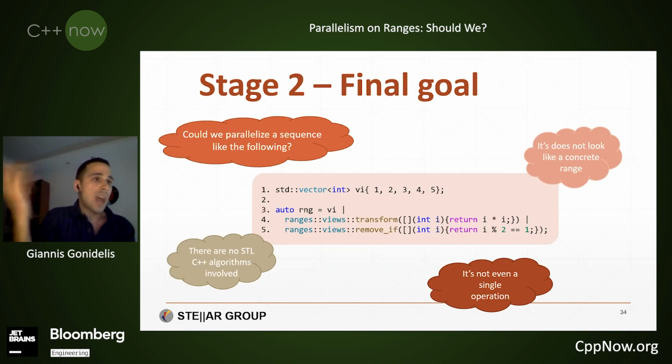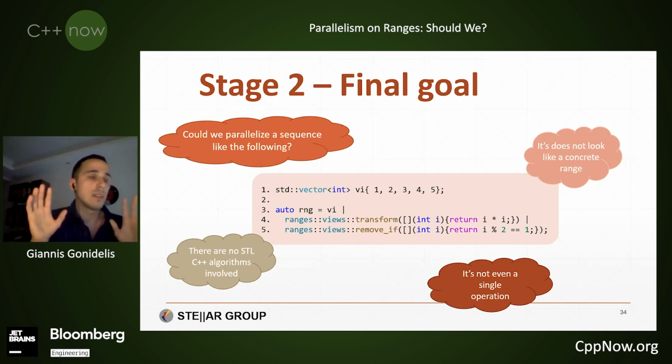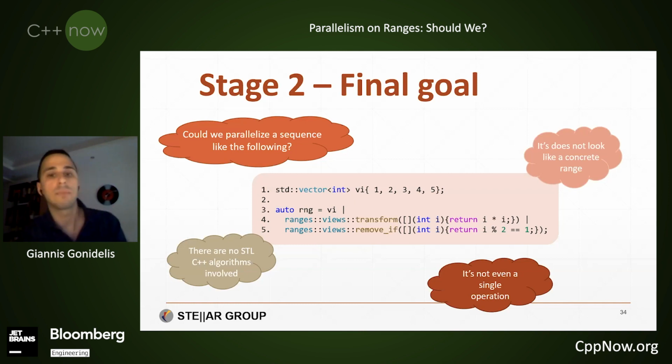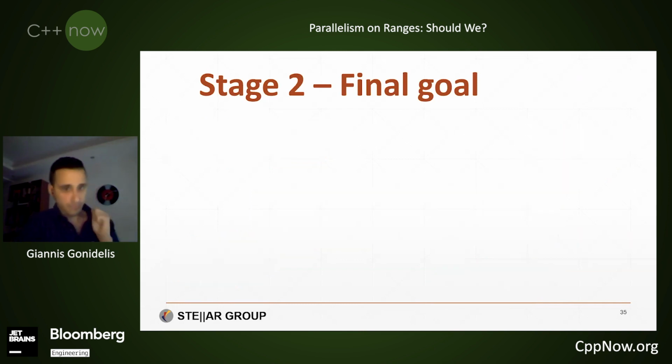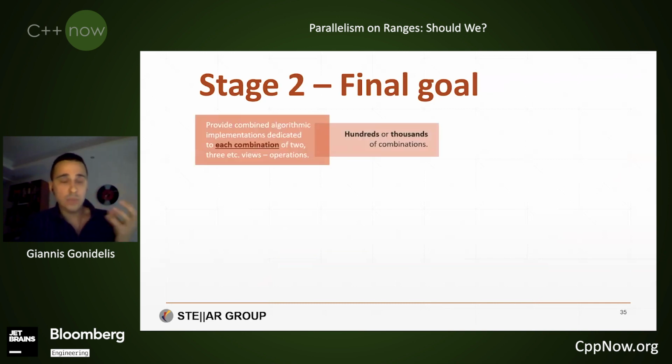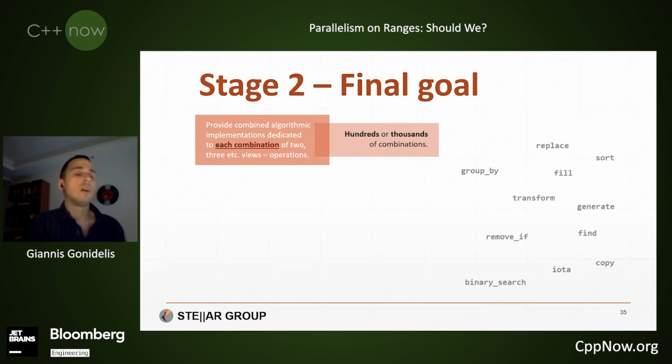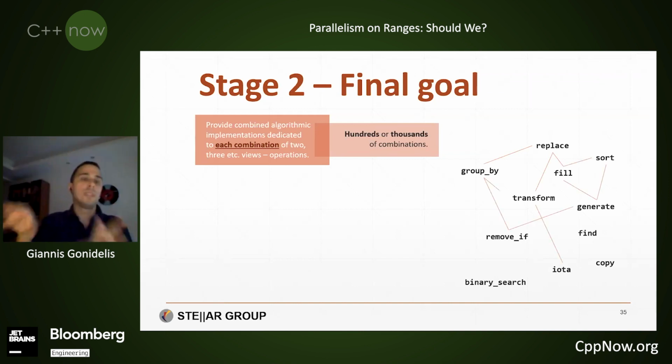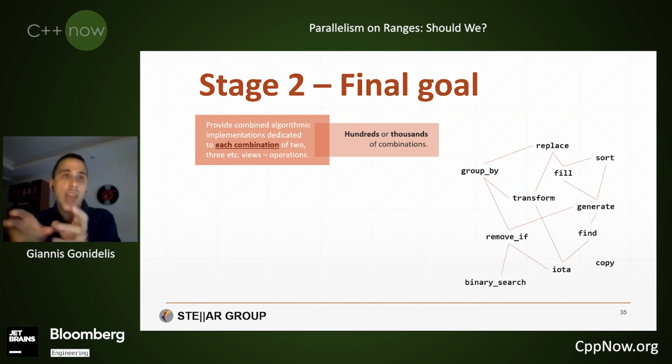It has some pipe operators in there, and let's see how parallelism could actually be achieved with those inputs. The first idea was that we could code every algorithmic pair of those view operations. We would provide implementations behind the curtains that would dispatch to whatever you gave to the library.